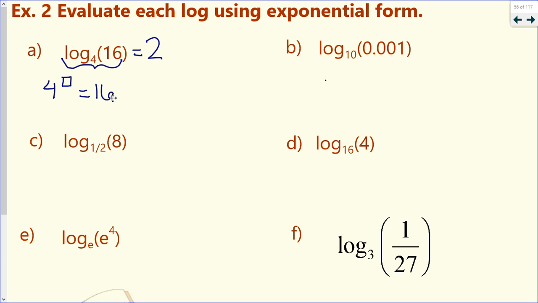So for B, it's 10 to what power is 0.001. That is 1/1000th. If you want to write it as a fraction, you could have kept it as a decimal. So 10 to what power is 1/1000th?